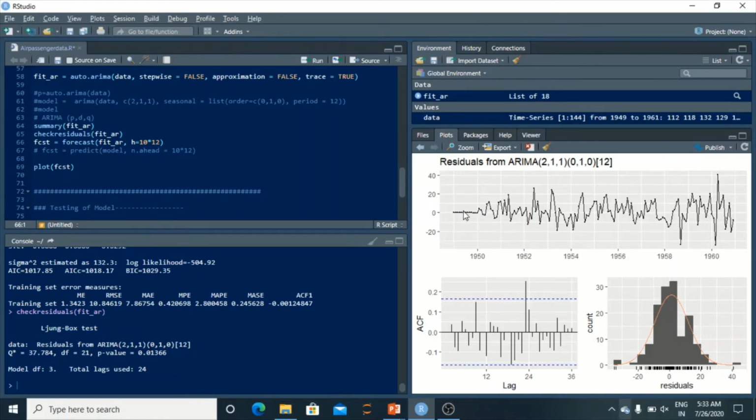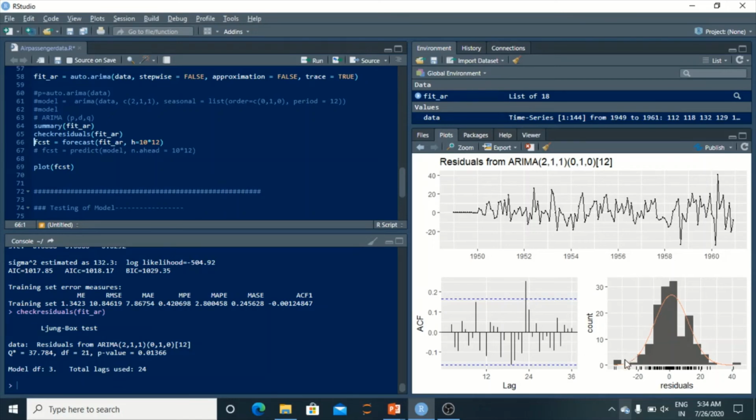Let's see. In the residual plot, we can observe that the mean of the residuals is close to 0, and the variance is constant with respect to time. The ACF shows that at each lag the spikes are mostly within the band of plus or minus 2 upon root n, shown by the blue lines, and we can neglect 5% of spikes if they cross the blue lines.